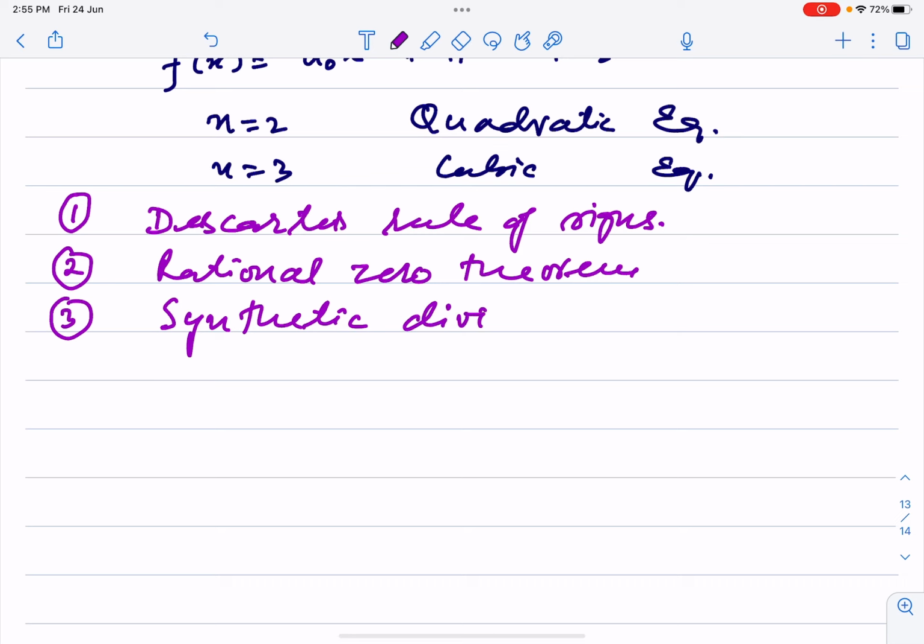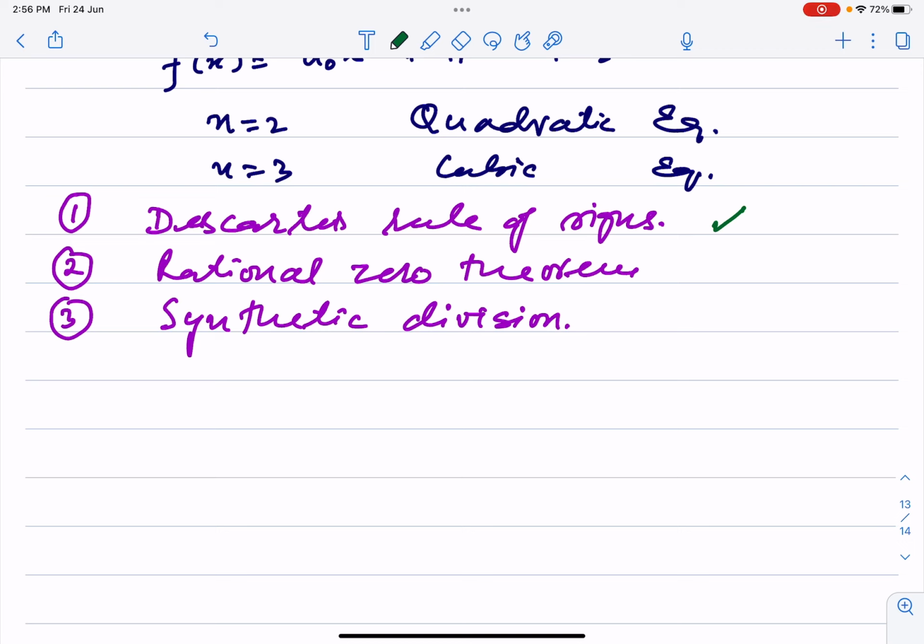Now these three theorems, or you can say rules, have different purposes or benefits. If I am talking about the first one, Descartes rule of signs, it tells us whether the roots are real roots or imaginary. If they are real roots, whether they are positive roots or negative roots. So this is what Descartes rule tells us. We'll take an example and show you.